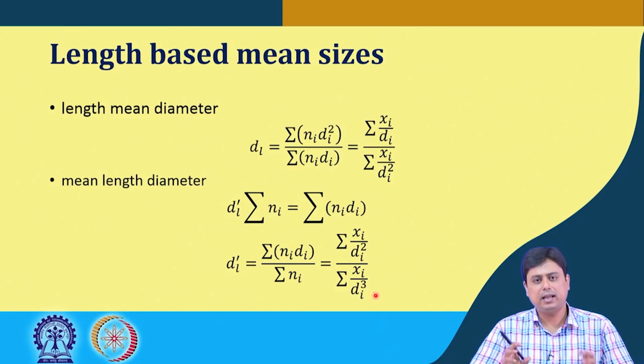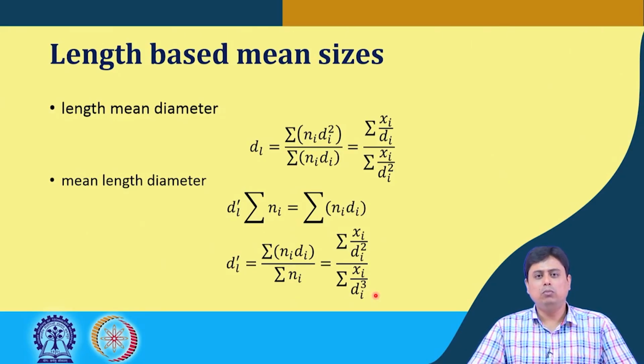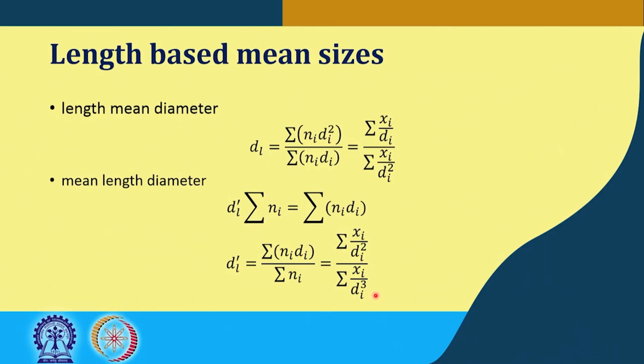These kinds of tables you will be given, and then you will be asked to calculate the mean diameter based on a certain criterion, either length or volume or surface. We will be seeing that in the coming classes, and that's all for now.